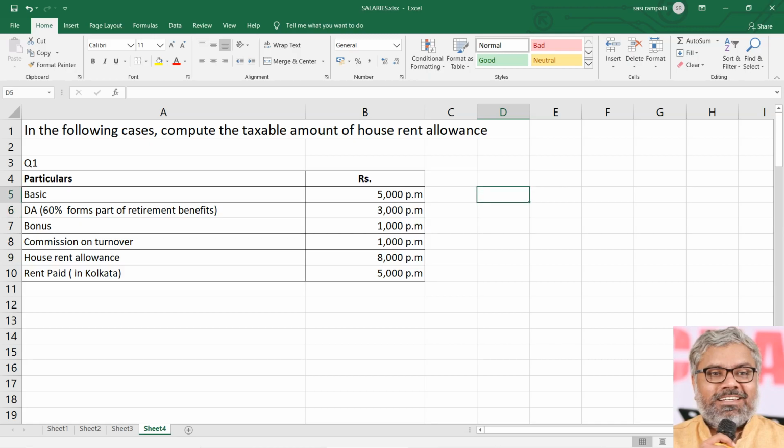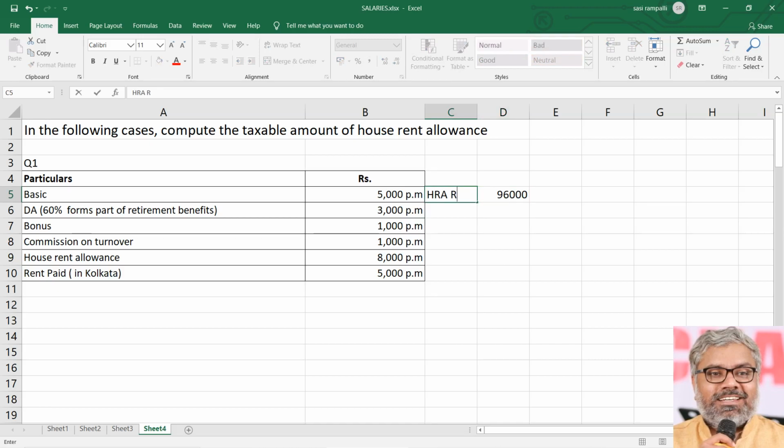For that, first we should take the actual house rent allowance received by the employee. In the first case, it is 8,000 rupees per month, so naturally 96,000 rupees per annum is the HRA actually received.